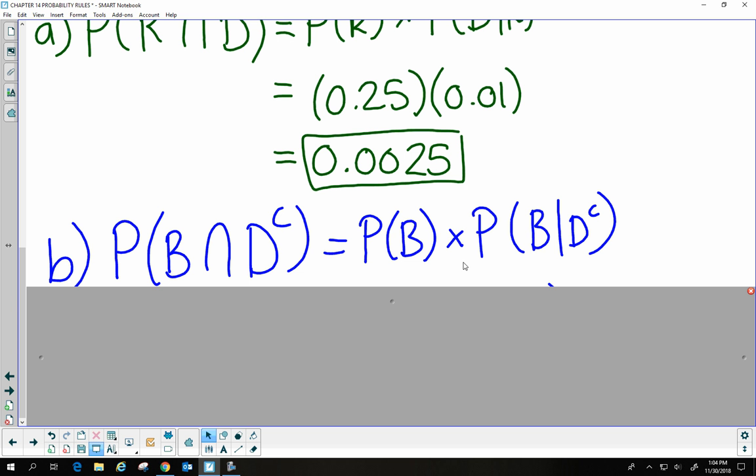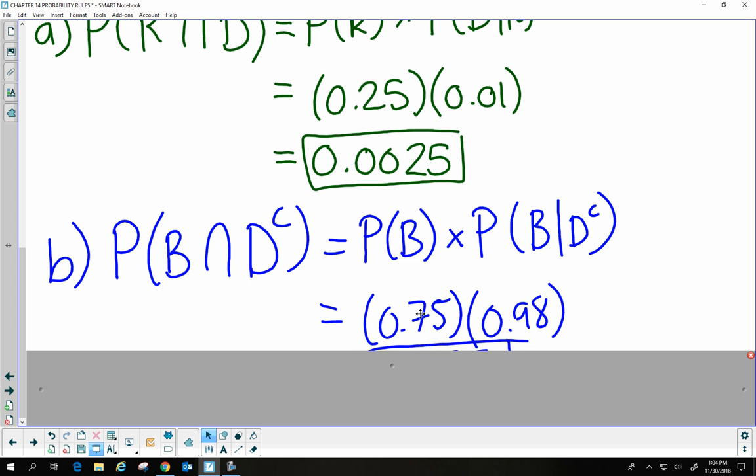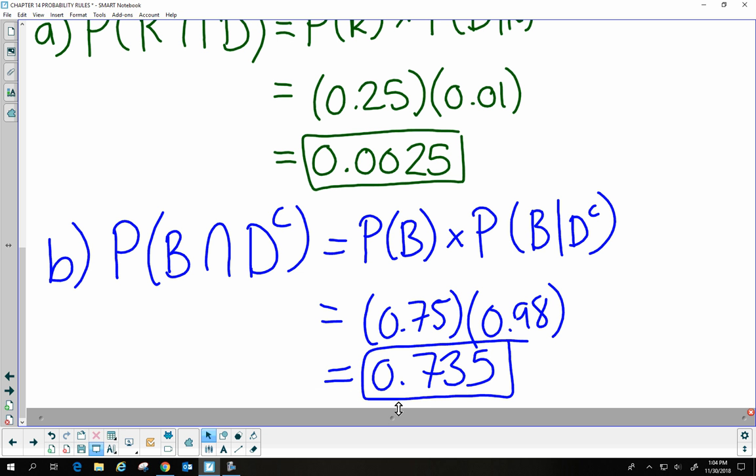The fact that it is a regular battery means that the probability of it working is different than if it was a rechargeable battery. So 75% are regular. And since 0.02 of our regular batteries are defective, that means the complement is 1 minus that. And so 0.98 is the probability that the battery works. And when we multiply, we get 0.735.